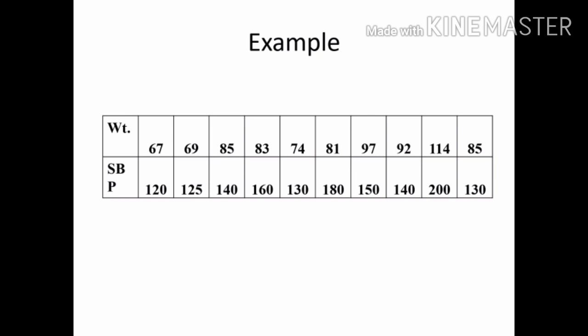81, the corresponding blood pressure is 180. Then 97, 150; 92, 140; and 114, the corresponding blood pressure is 200. The last one, 85, the corresponding blood pressure is 130. Here we just want to test for any correlation, any relationship between the two variables SBP and weight.